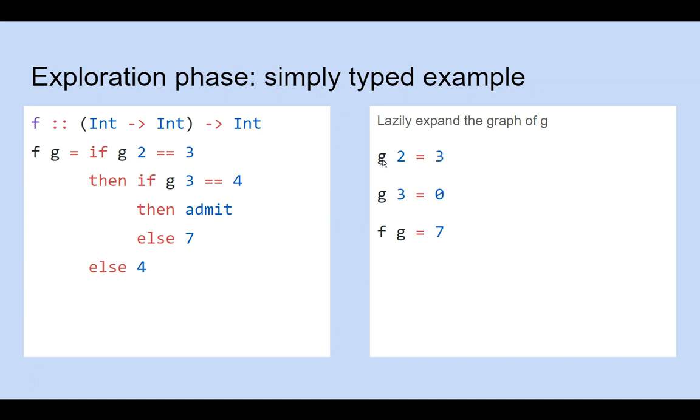If we explore g of 2 equals 3, and g of 3 equals 0, then f of g will give us 7. And if g of 2 equals 3 and g of 3 equals 4, then this will tell us that we need to do a proof search for an int, which will not be all that hard.